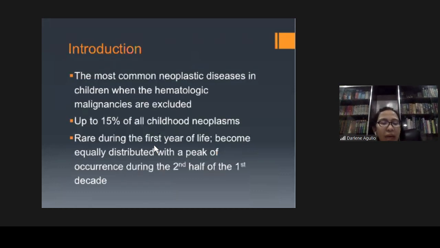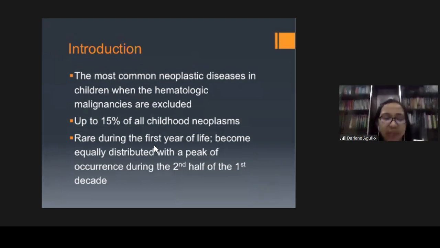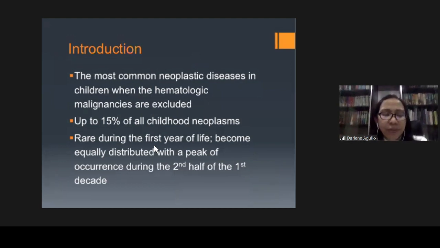Okay. Brain tumors are the most common neoplastic diseases in children when the hematologic malignancies are excluded. So they comprise up to 15% of all childhood neoplasms. They are rare during the first year of life.